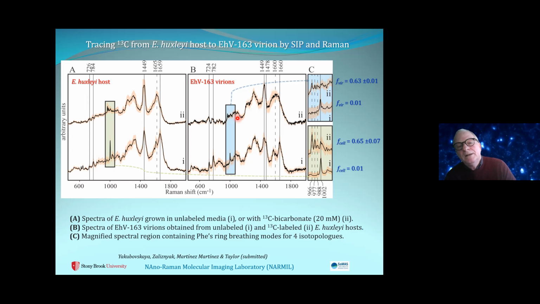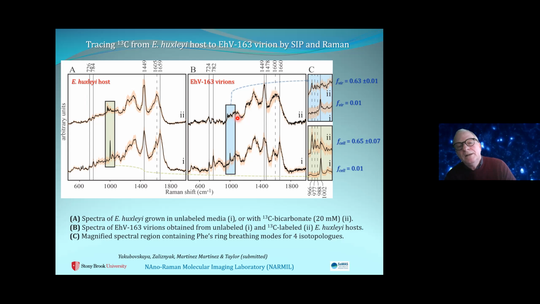If we just look at the region around phenylalanine, and down here, this is natural abundance, the fractional abundance is 0.01 or 1%. We see that there is just one major peak at 1002 wave numbers. And in the E. huxleyi that has been grown for several days in isotopically heavy media, we get 4 peaks.